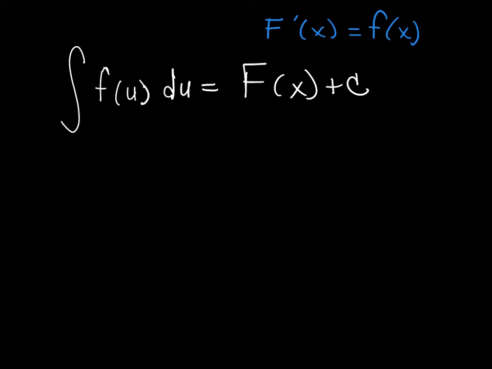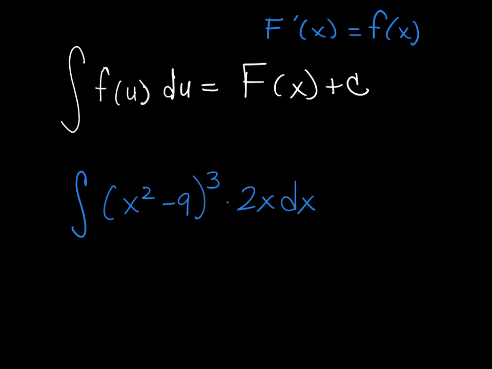So let's say we go ahead and have the integral of x squared minus 9 to the third power times 2x dx.